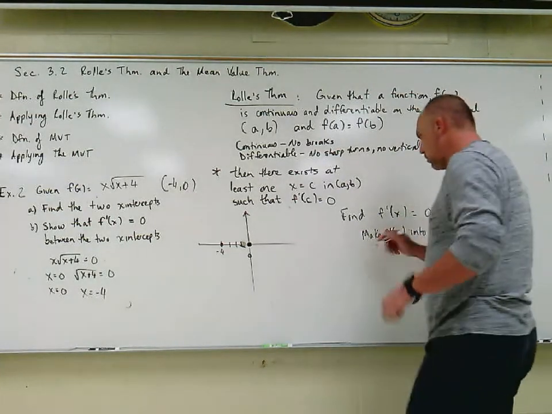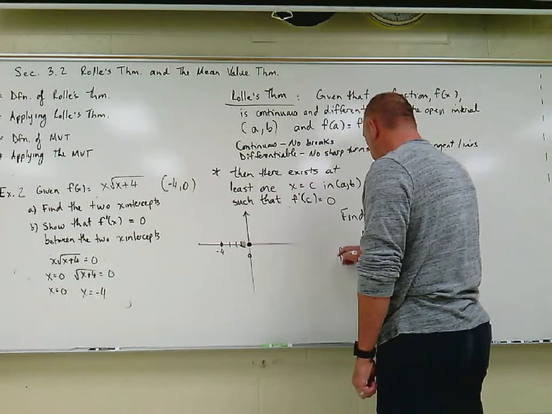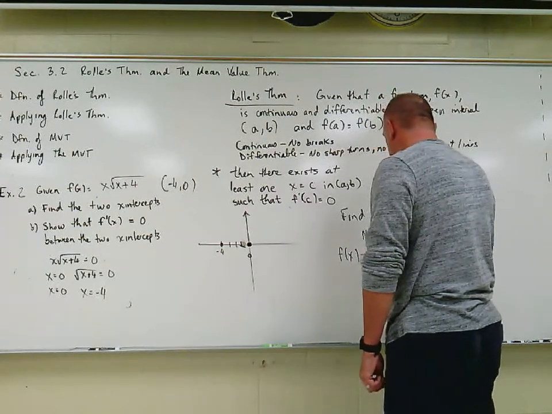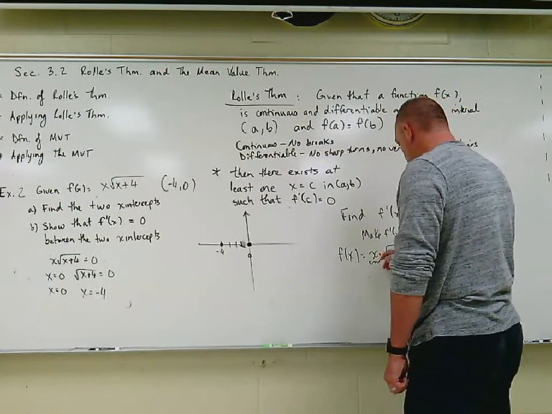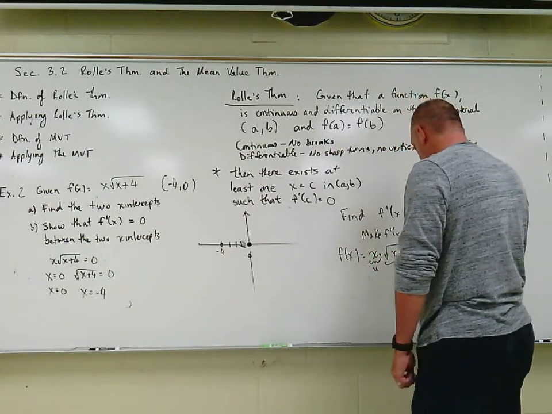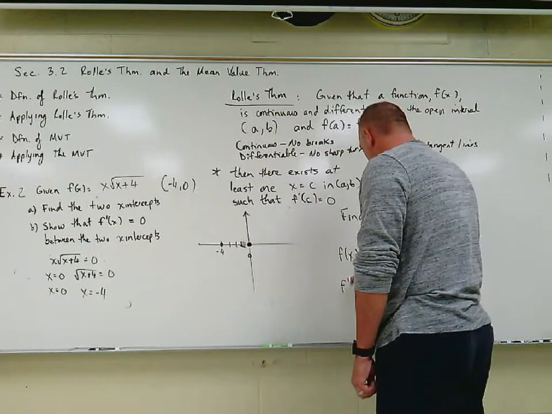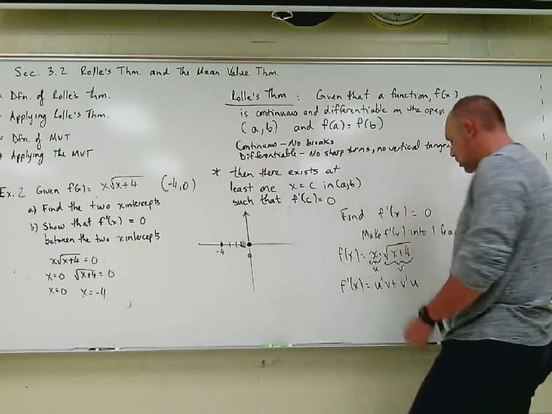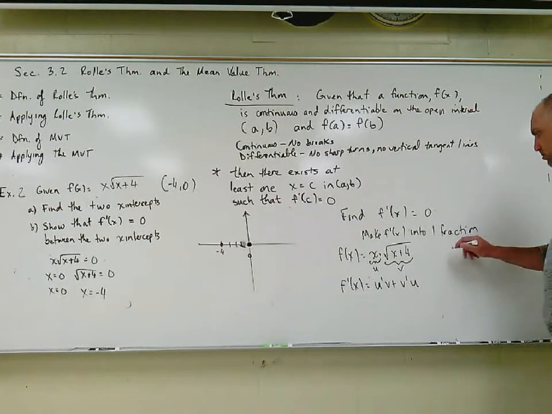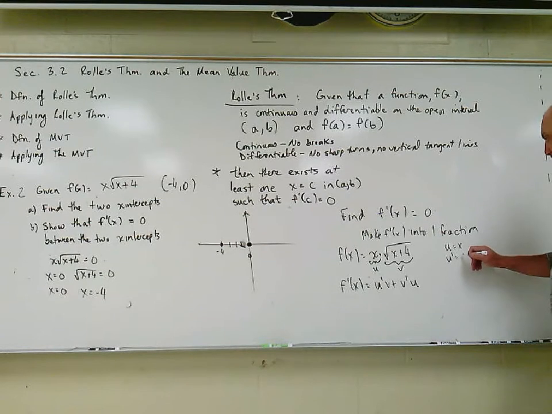So if I'm going to find this derivative, well, it's something times something, so I've got to use what rule? The product rule. So I know it's going to be u prime v plus v prime u. Over here to the side, if u is x, u prime is what? 1. v is the square root of x plus 4.